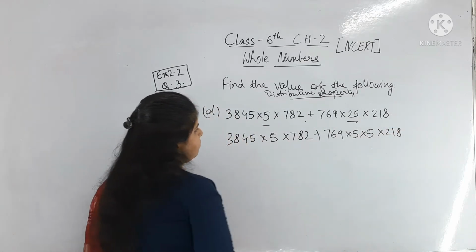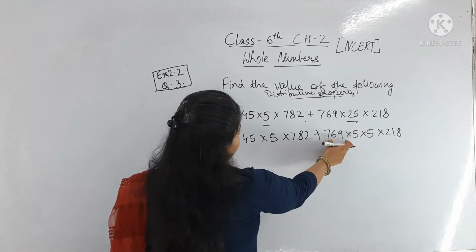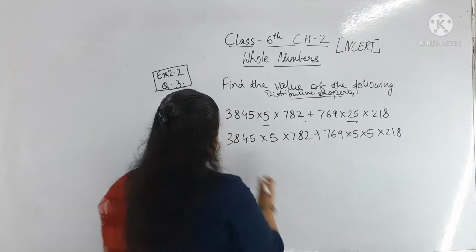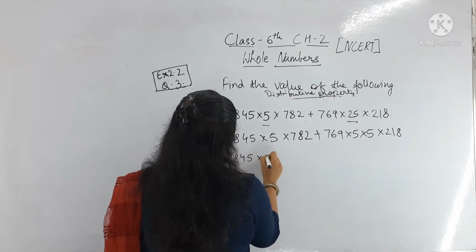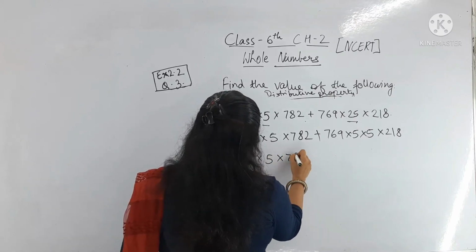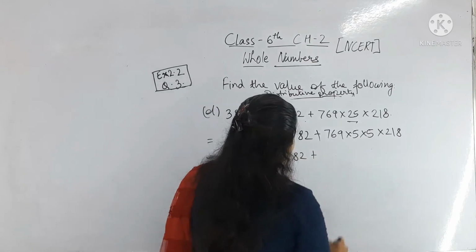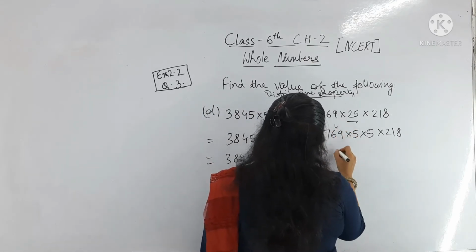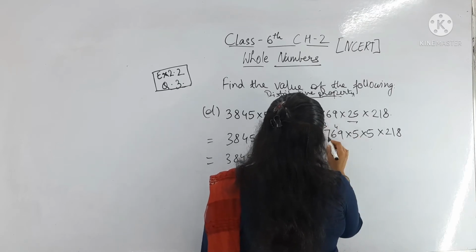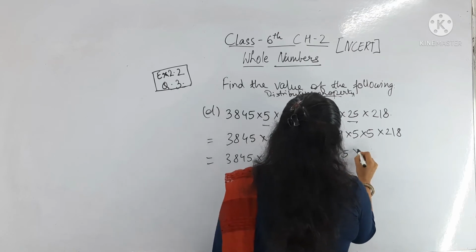So here I can multiply 769 into 5. 5 9s are 45, 5 6s are 30 plus 4 is 34, 5 7s are 35 plus 3 is 38.